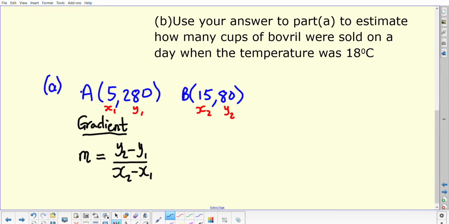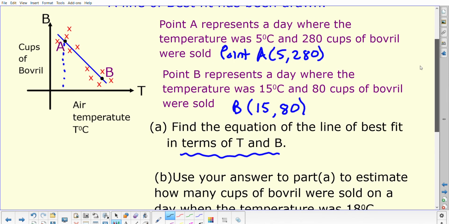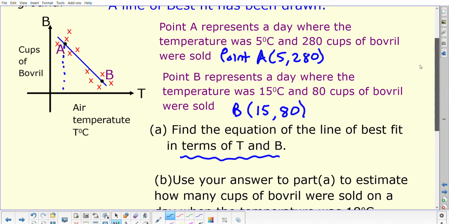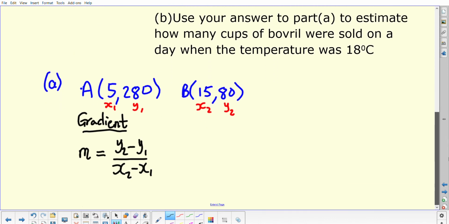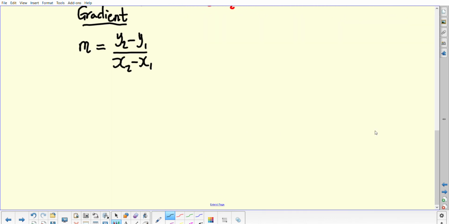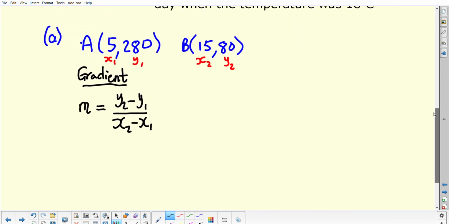Remember, this is to do with measuring the steepness. One of the things that you should be noticing about this particular line is that it's sloping down to the right. Because it is sloping down to the right, we should be expecting to get a negative gradient.